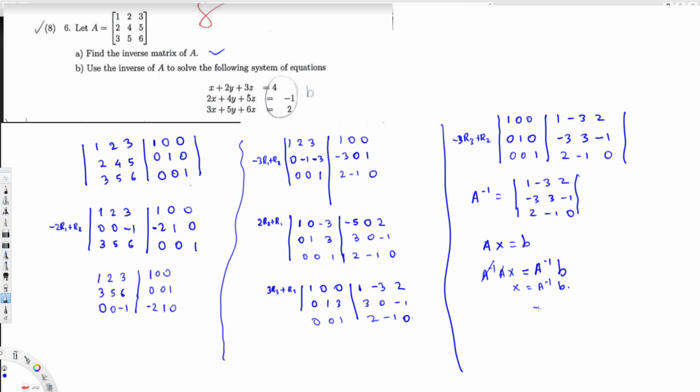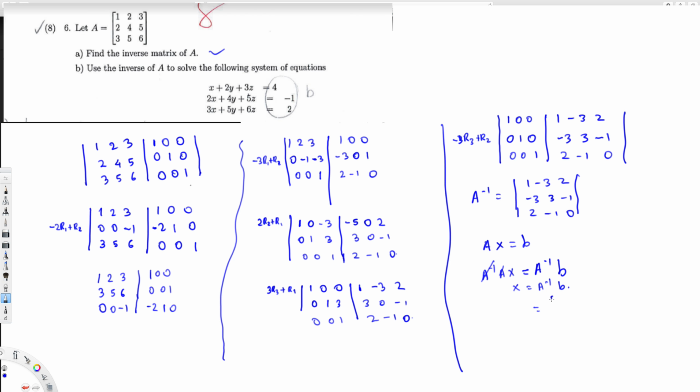So now I can simply multiply the A inverse and B to find the x value. To solve this system, A inverse we have already here.